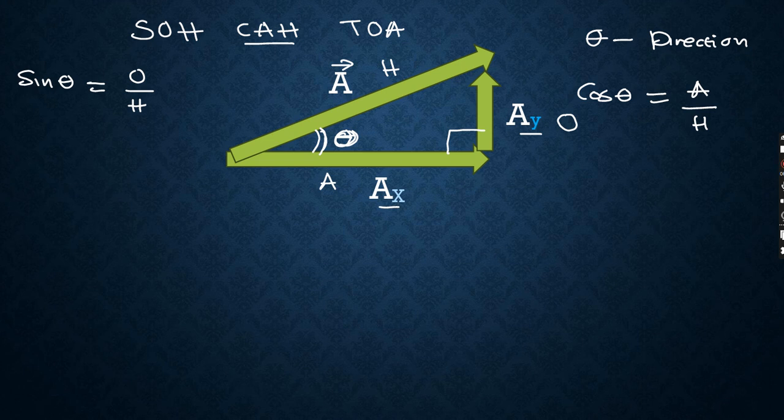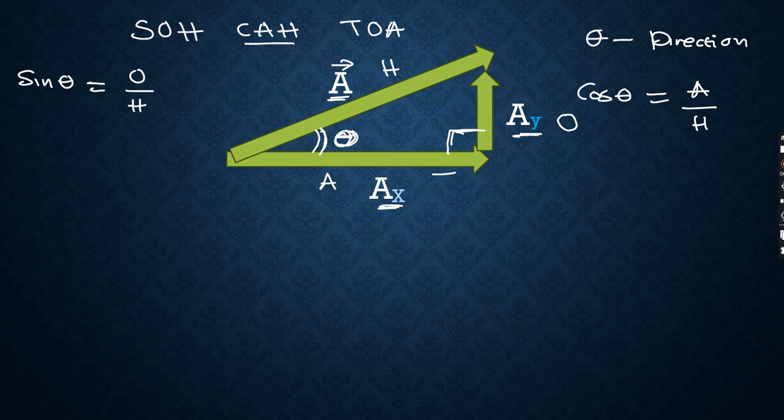We're going to consider the theta which is in between the vector and one of the components. This one is between the two components, and we are not going to consider it because our main focus is on this vector.